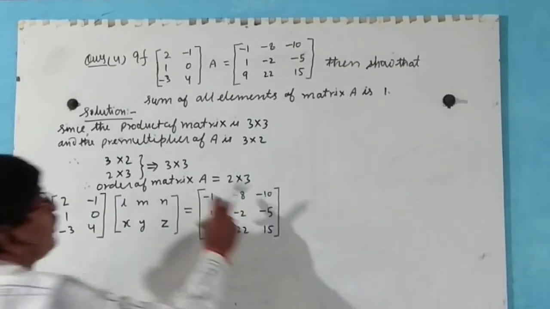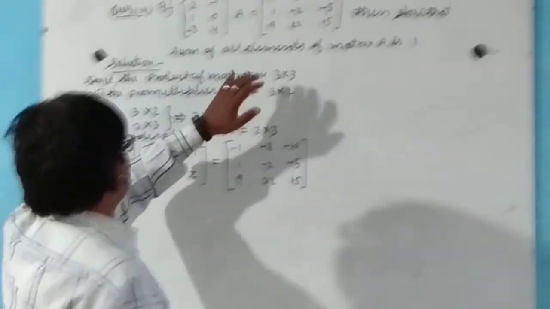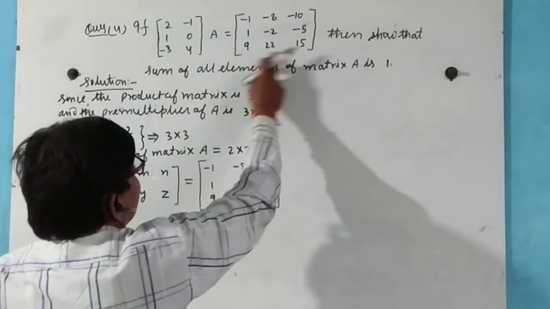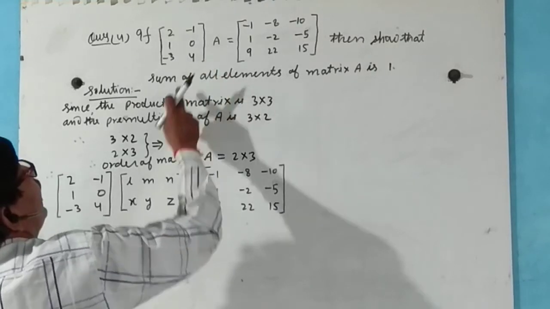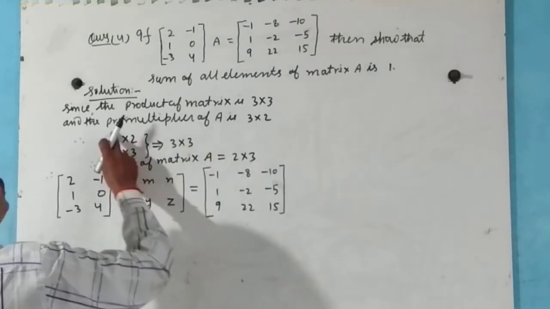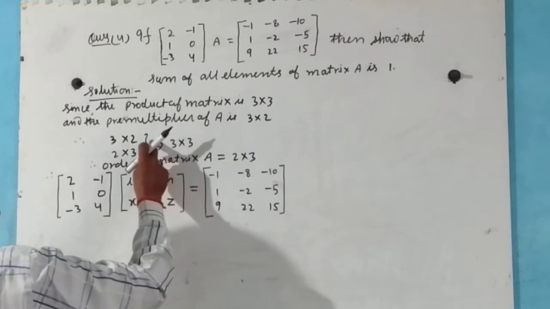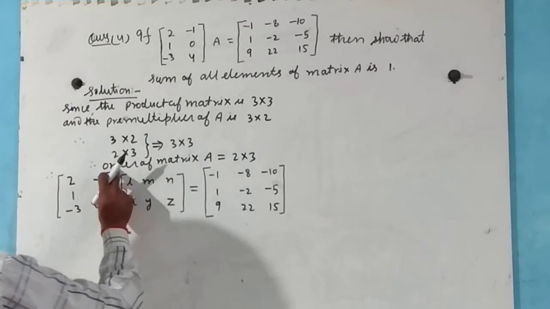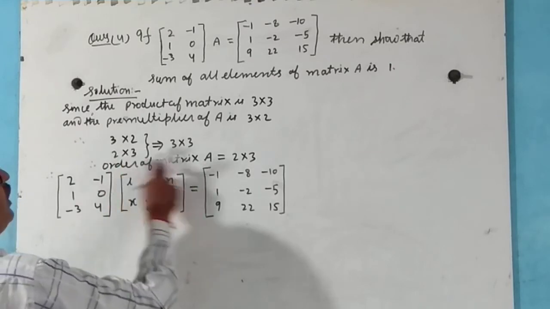First of all, we have to calculate the matrix A. Since the product matrix is 3 cross 3 and the pre-multiplier is 3 cross 2, the order of matrix A equals 2 cross 3.